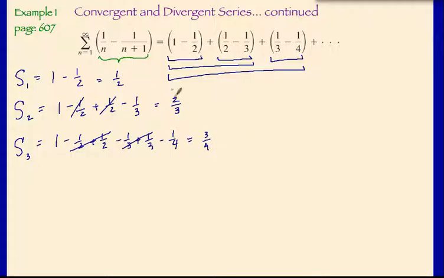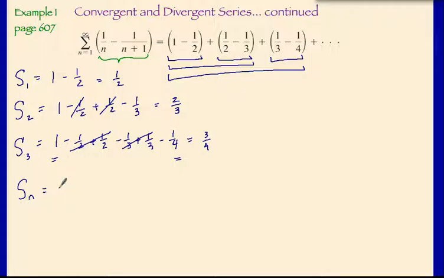Now, as we look at these numbers, we can see that in each case, since the inside pairs are canceling out, we end up with the first number of the first term and the second number of the last term.